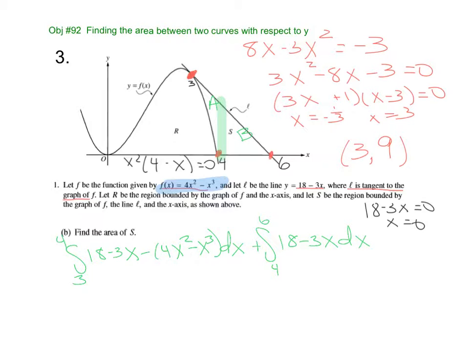So 18x minus 3x squared over 2 minus 4/3 x cubed plus x to the 4th over 4, from 3 to 4. Now this is a calculator problem, so I would not actually bother doing this on the AP test. And then we have 18x minus 3x squared over 2 from 4 to 6.